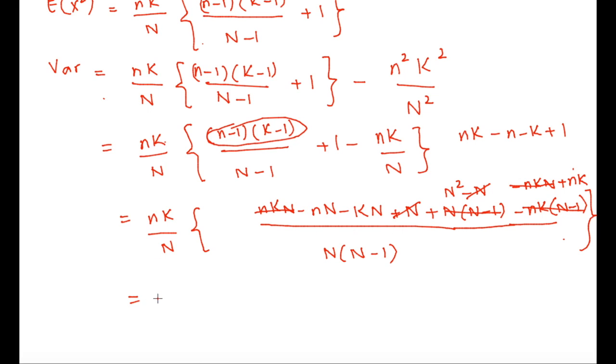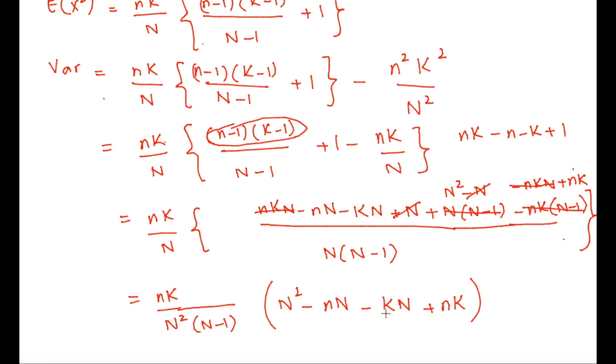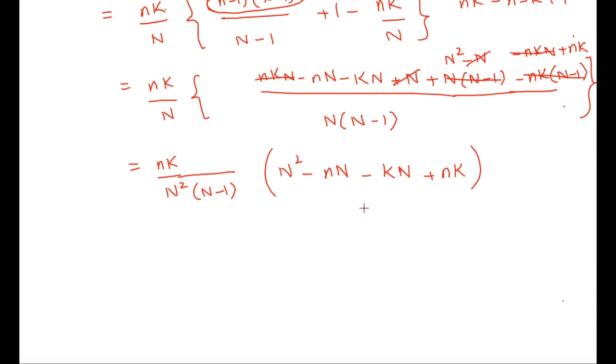So this is equal to nk over n, and let me bring this in the denominator here. I'm left with n squared minus n times n minus k times n, and then plus n times k. So this guy can be factorized.